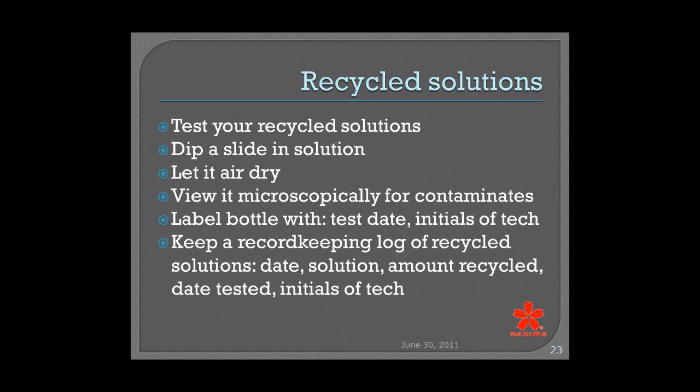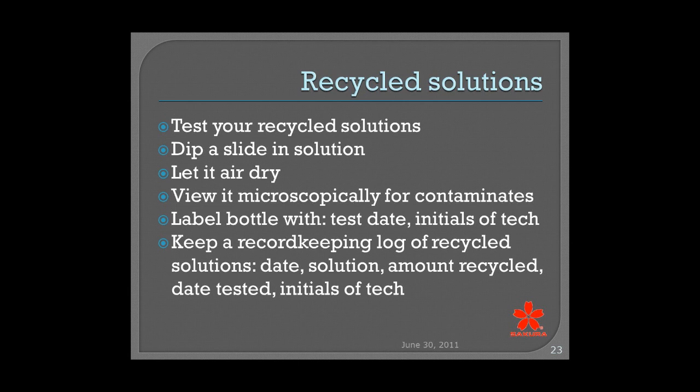I'll dip a slide into the alcohol that's coming out, let it air dry, and then I take a look at it microscopically. And every bottle that I take out of my recycler, I label it with the test date and the initials of the tech that actually tested it.